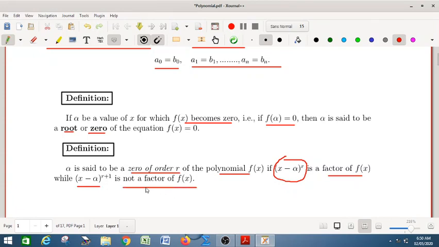In that case, alpha is said to be a zero of order r. Suppose (x minus 1) whole square, then x minus 1 is a factor of order 2 of the polynomial x square minus 2x plus 1 equal to 0. Okay, this is how we can say zero of order r.